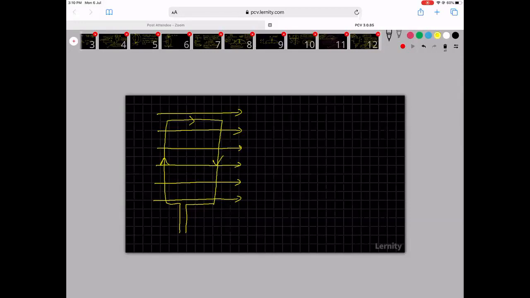Stretch your right hand in the direction of current and curl your fingers towards B, the thumb points downwards. So this point is being pushed downwards. What is the force? B I L. It is being pushed downwards with the force B into I into L. This other point is being pushed upwards with the force B into I into L.